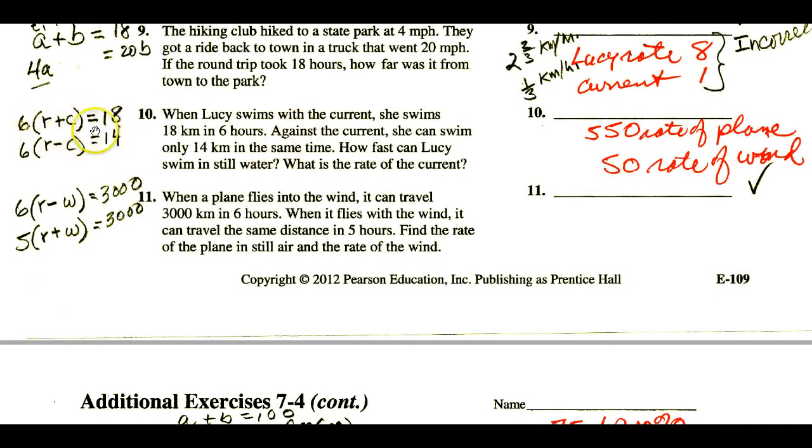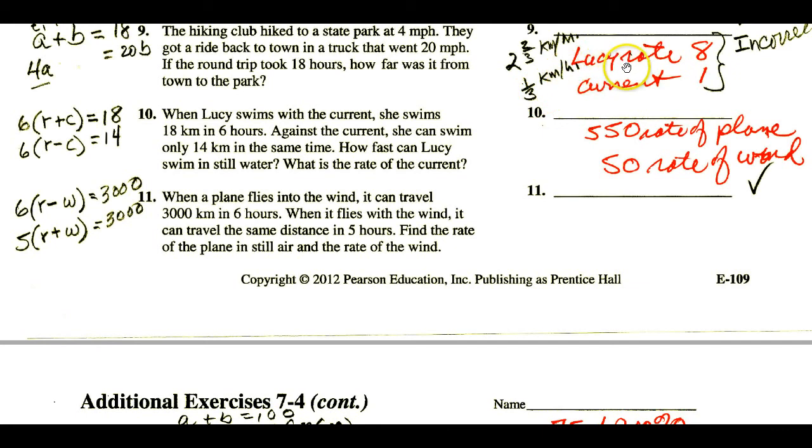Now, when I solve this, I got 2 2/3 kilometers per hour, and the rate of the current was 1/3 of a kilometer per hour.